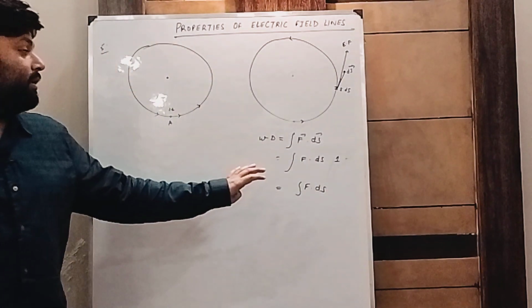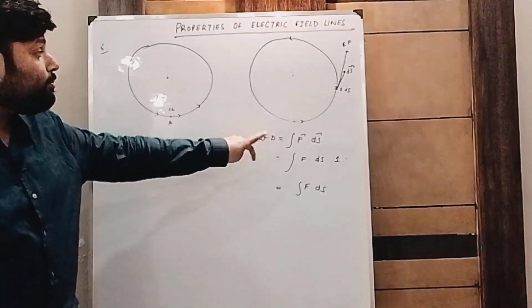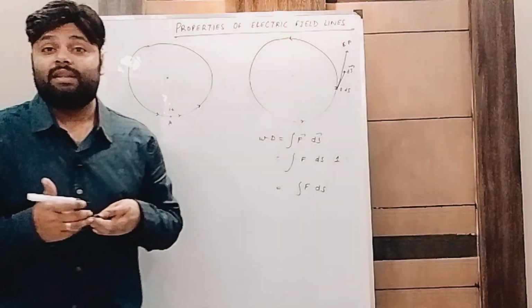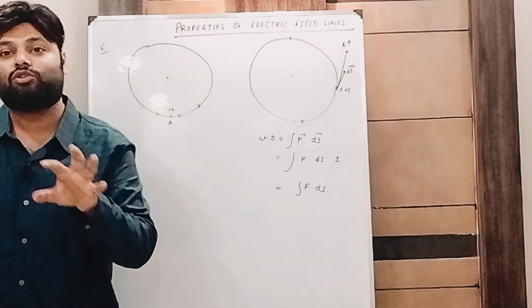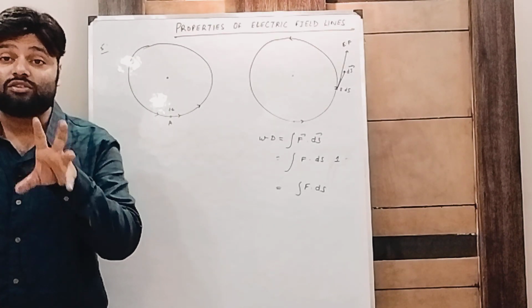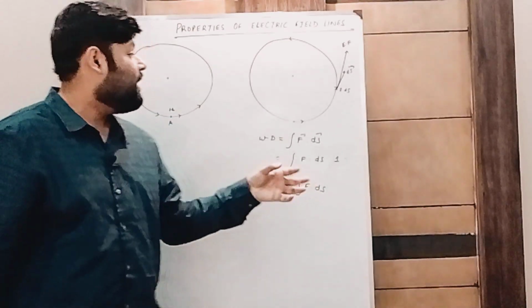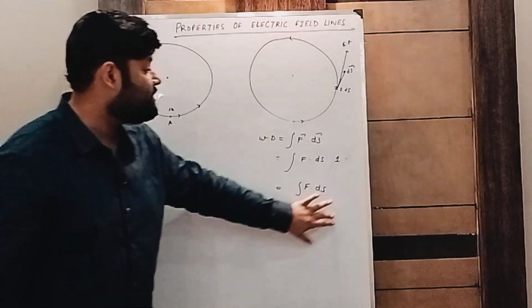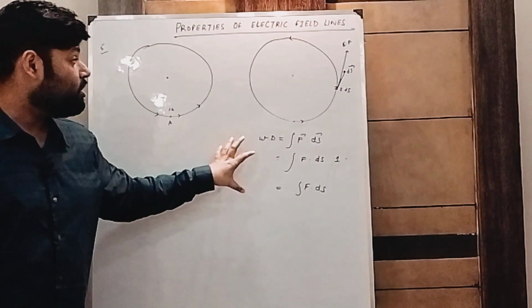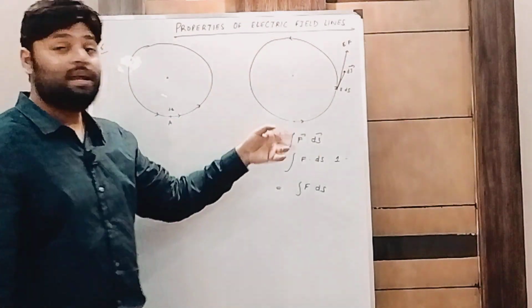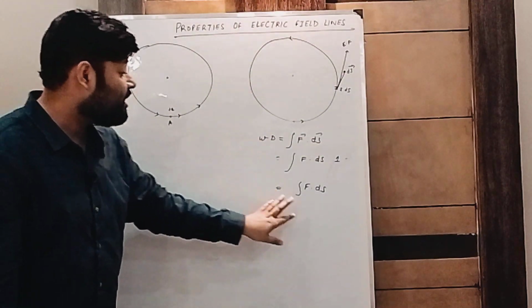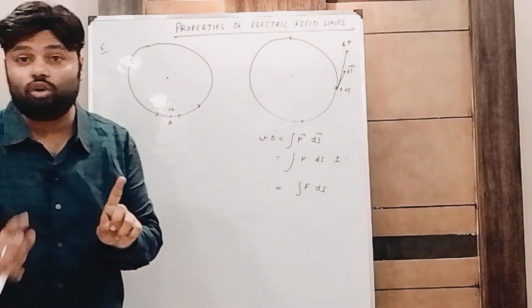Okay. Now, but what was the property of electrostatic force? That work done by electrostatic force in a closed loop has to be 0, because electrostatic force is a conservative force. Hence, by this explanation, because when we consider electric field lines to be in a closed loop, the work done is coming out to be a finite value, which is not possible.